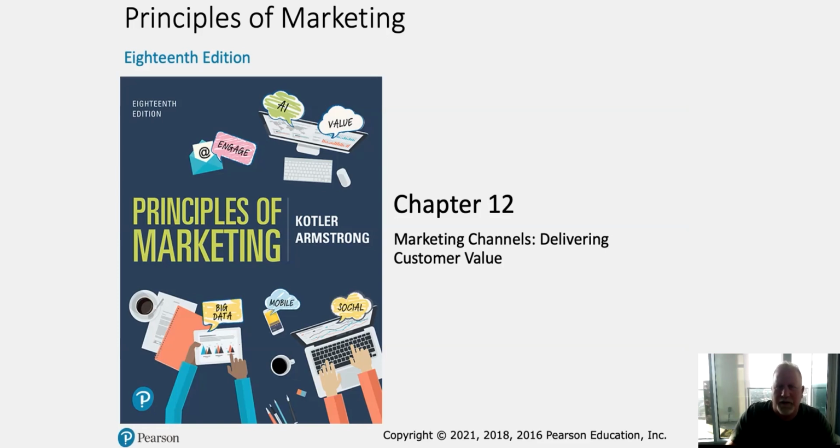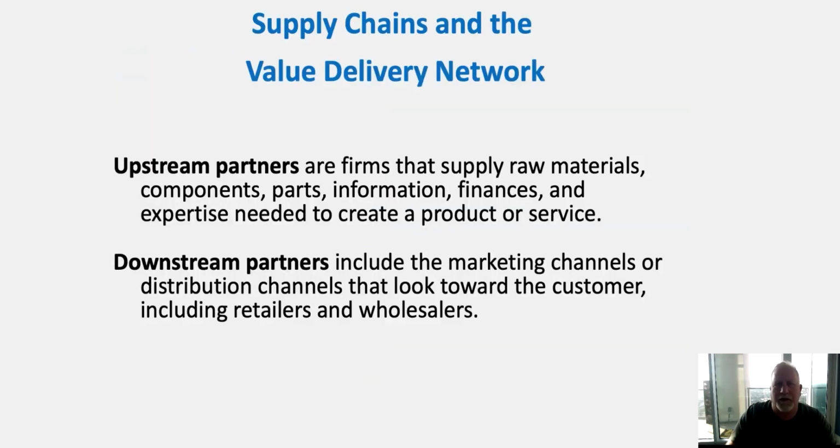Let's start off by talking a little bit about the idea of supply chains and the value delivery network. So when we think about supply chains, and this is the way products are supplied and the value that can be brought to the marketplace on products, we have what we call upstream partners and downstream partners.